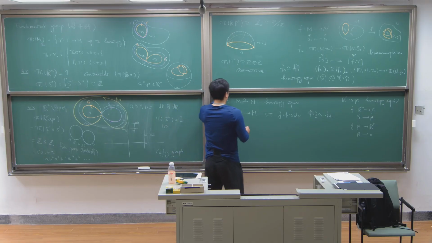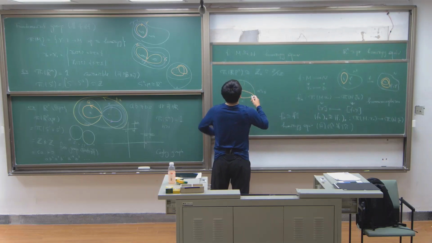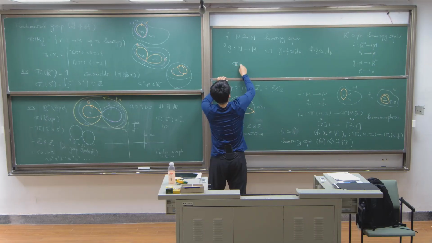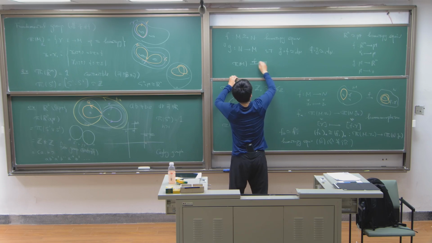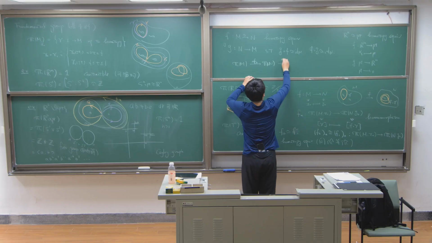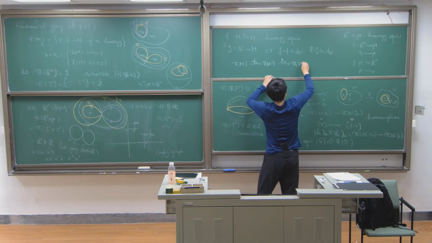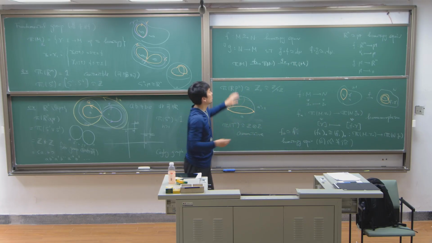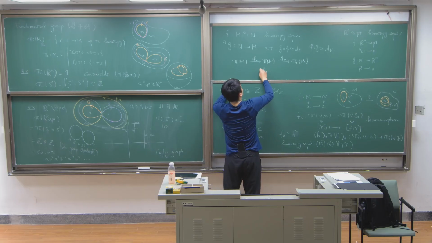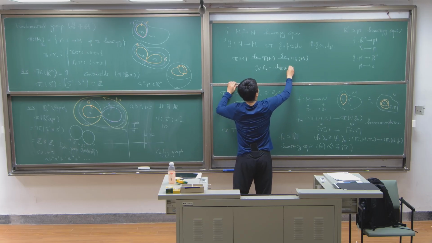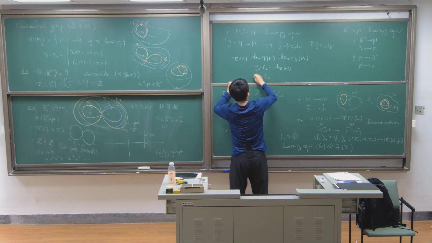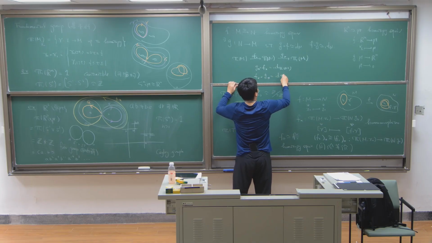In this case, this will induce pi1 of M mapped by f star to pi1 of N. Furthermore, g star will induce another morphism. And we already knew that f star composed with g star is the identity of pi1, and g star composed with f star is the identity of pi1.